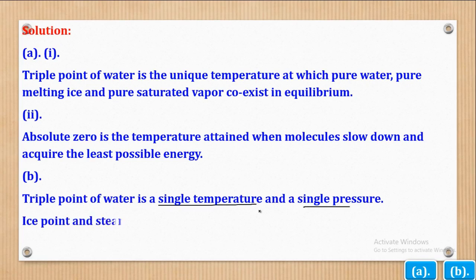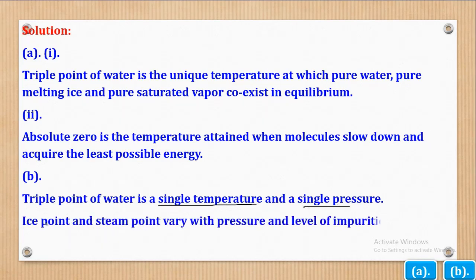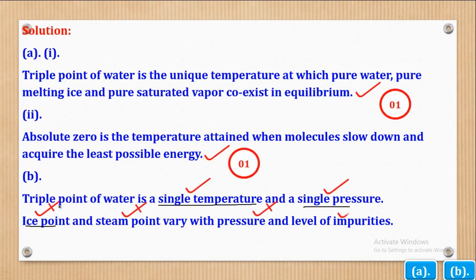What does that imply? It implies that ice point and steam point are 2 points and they vary with pressure and level of impurities. And that explains why triple point is used more instead of ice and steam points, because these vary with pressure and level of impurities, while triple point is just a single temperature. So that's how marks would be awarded.